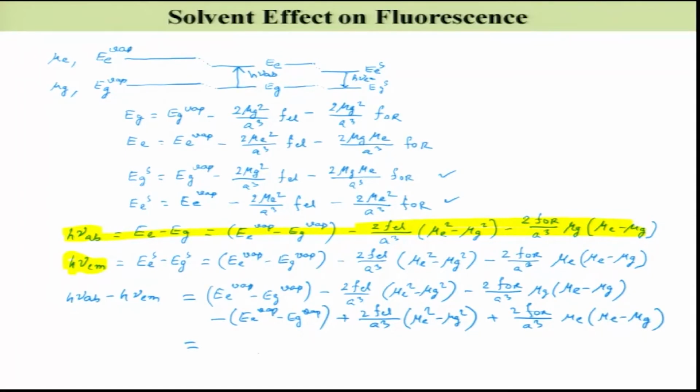So, we will end up with twice F OR by a cube, right.